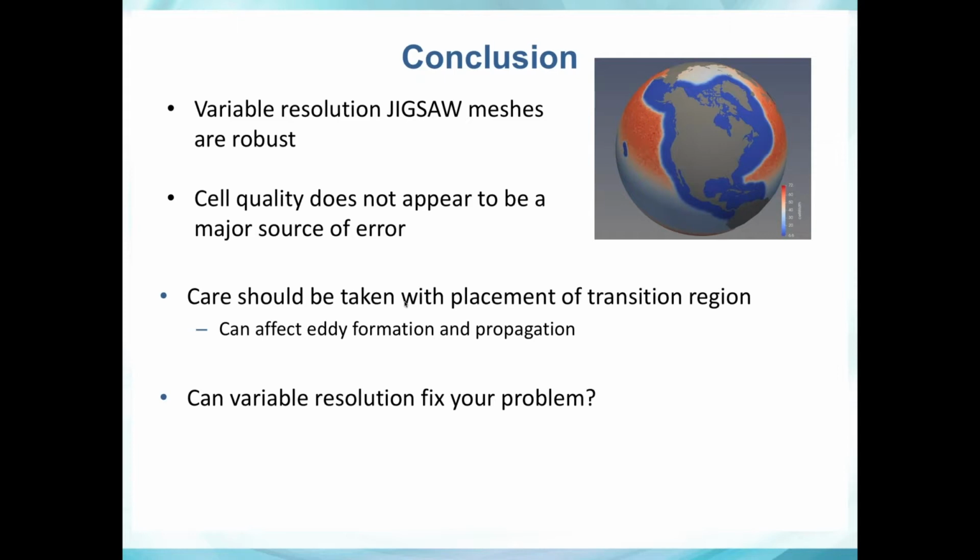One situation may be that the cause of a bias is not actually in resolution itself, but is in something that's tied to resolution. For example, in the Southern Ocean, we have biases that may be linked to GM, which is tied to resolution, but we may be able to resolve some of those by tinkering just with the GM and not just throwing high resolution on it, which is a lot more expensive.